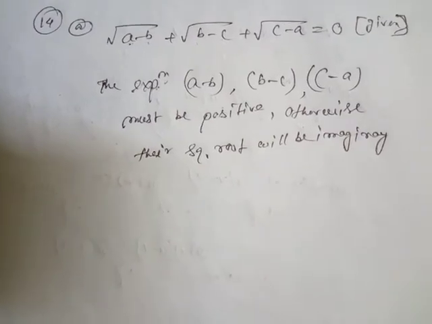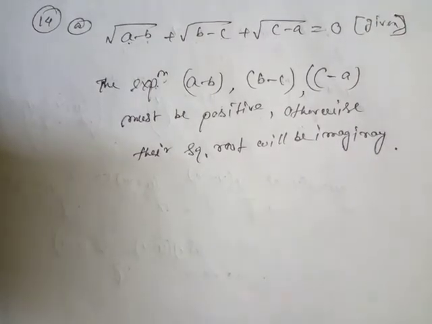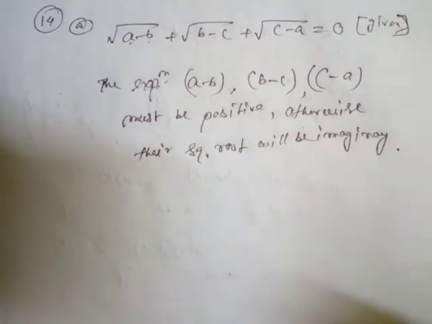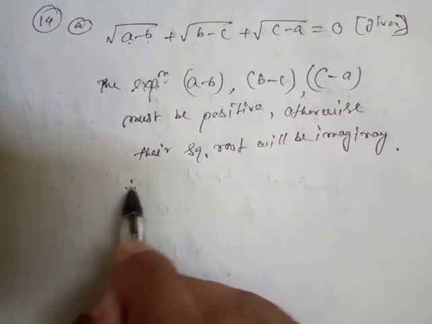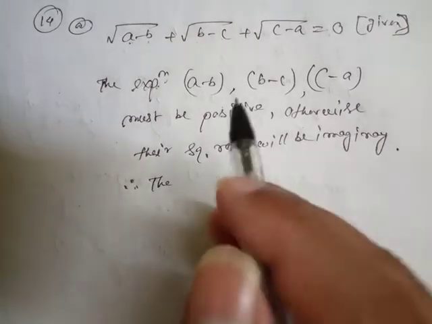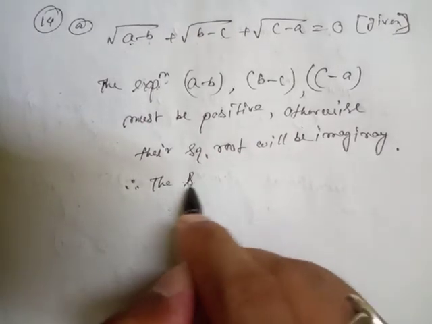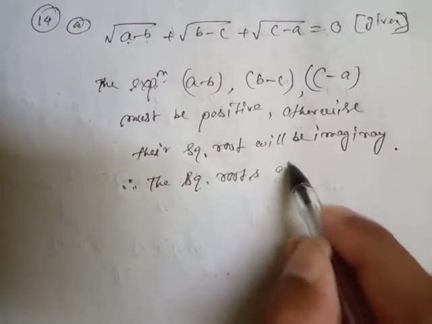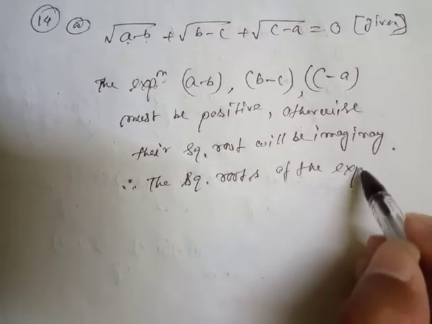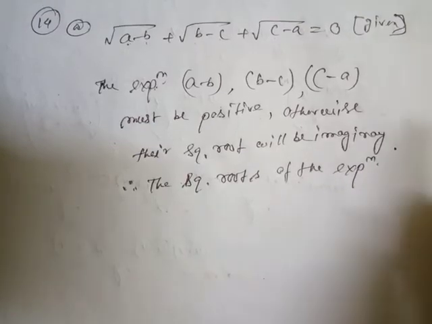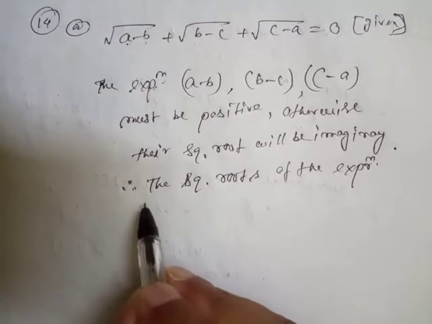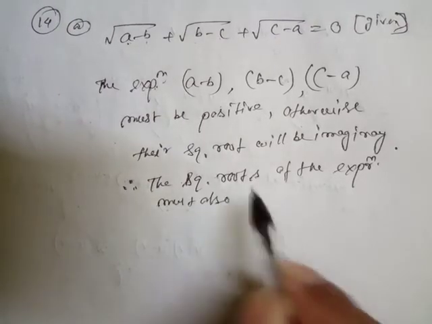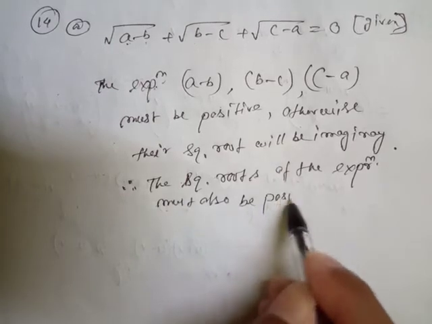Okay, now after that student, if their expression is positive, which means their square root is also positive, so we can write that therefore the square root of the expression must also be positive.